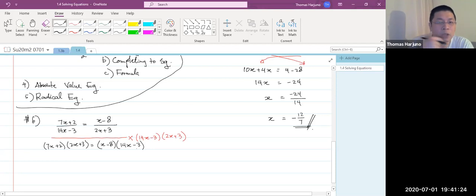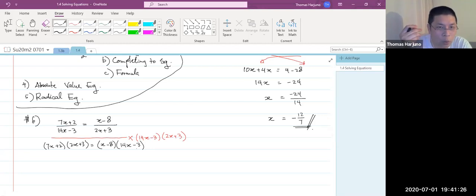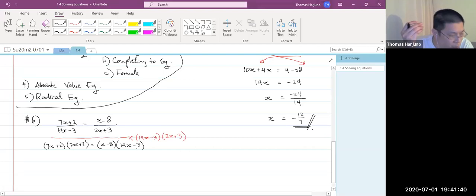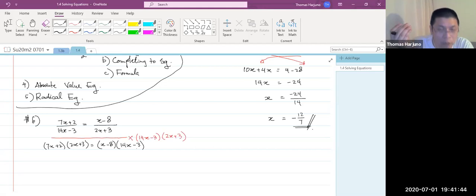Now you can get rid of the red writing, and you will see it's basically cross multiplication. But I teach you this anyway because there's a chance that sometime in the future you have a rational equation in which you cannot cross multiply, but you still can multiply by the LCD. That's why I teach you this method.